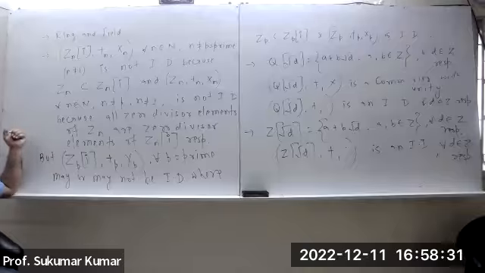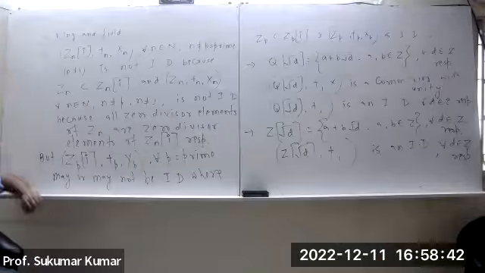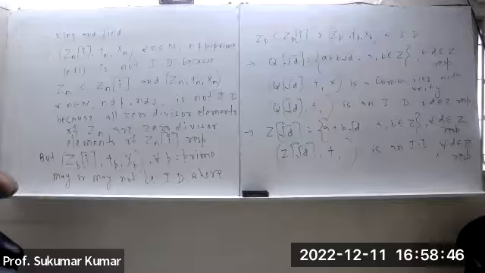The set of matrices ring, you can tell is not an integral domain, because the product of two non-zero matrices can produce a null matrix. Any ring, real numbers, rational numbers, complex numbers, any ring.